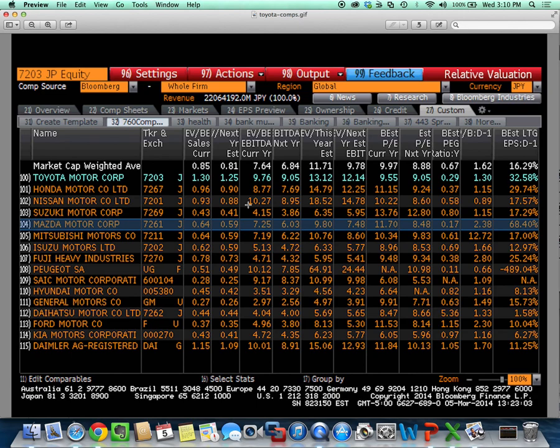Because if you actually look at Mazda's multiples, Mazda's trading at a discount to the industry. So with high growth and trading at a discount, it actually suggests a low ROIC, and therefore the low PEG explains that. So the price to book being much higher is inconsistent with the rest of the story.